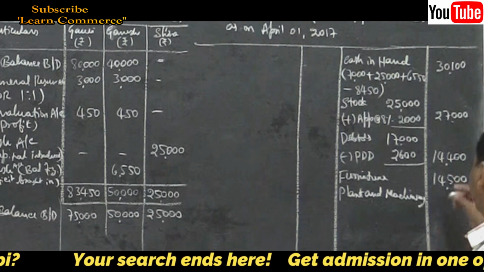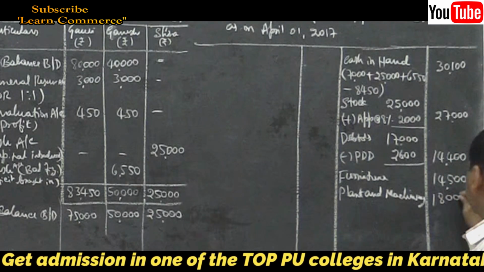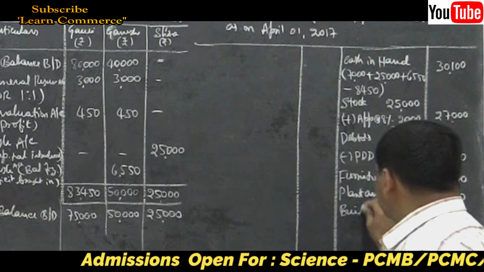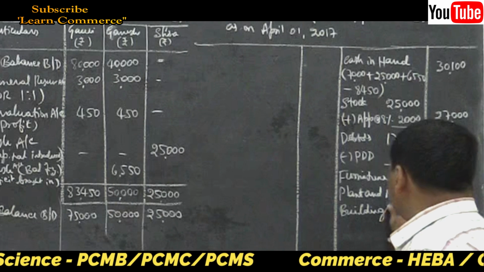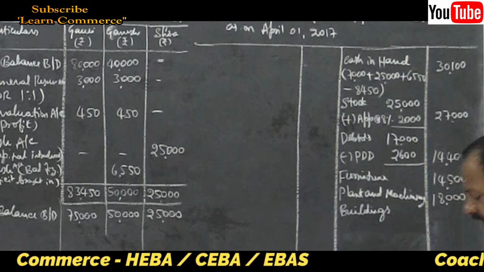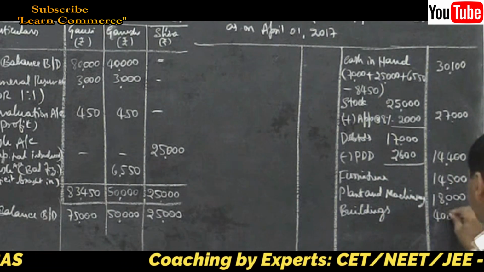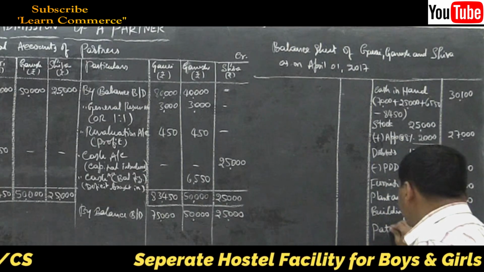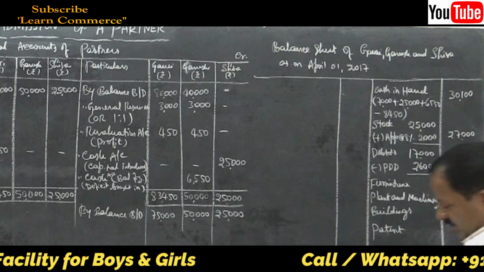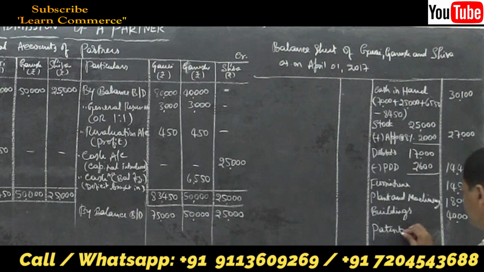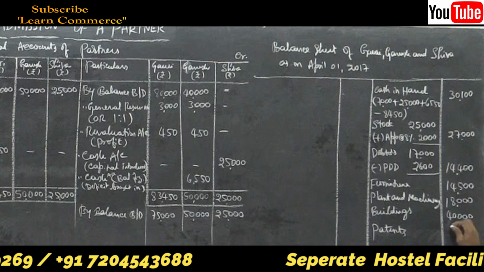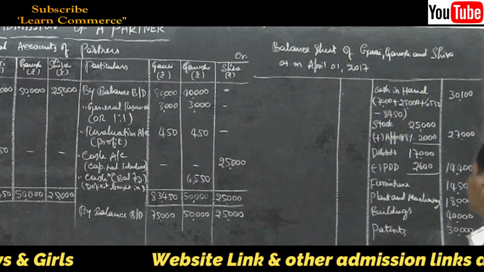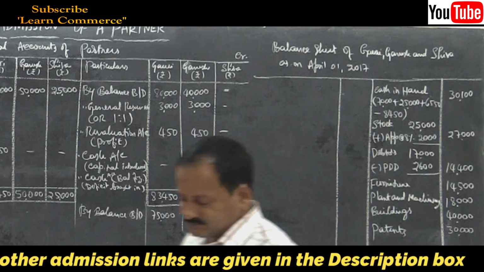Plant and machinery, 18,000. Then buildings, 40,000. Then intangible asset, patents. Now the liquidity order is also followed. Patents, no change, 30,000. That's all, no other assets.